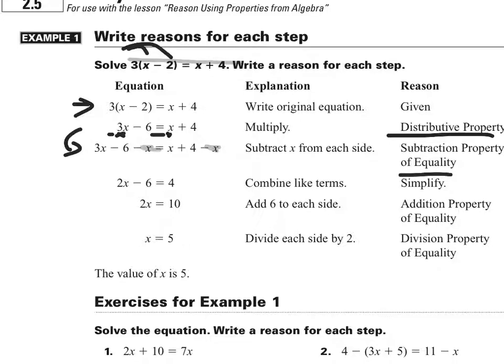Then they showed a simplify here. You don't have to. You could jump right to 2x equals 10, and then the next step would be to divide, and the division property of equality. So basically just solving it for x is the algebra proof. Good on that one? That was the easy homework that you guys did.